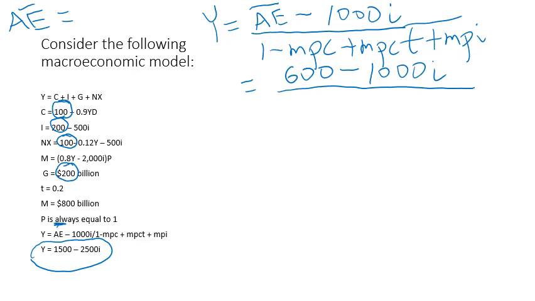Well, 1 minus MPC is 0.1. MPC times T, that's 0.18. And then MPI, that's 0.12.